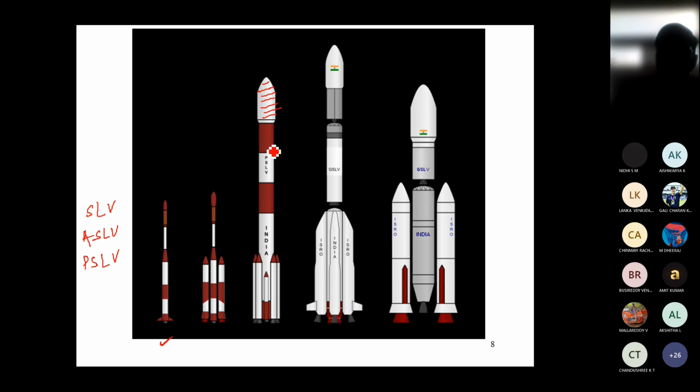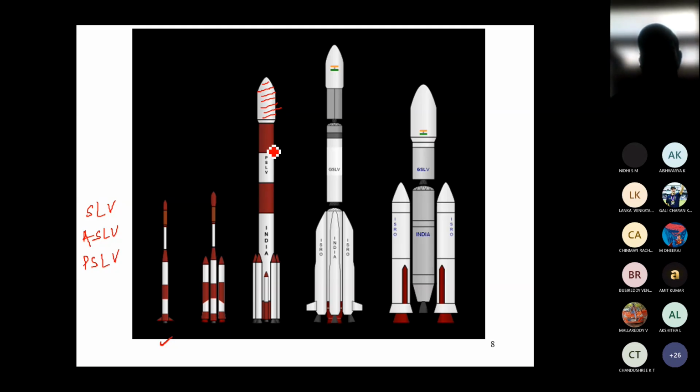Okay, so when the satellite is moving from one stage to another, stage by stage, some parts of the satellite complete their functionality. Some part has the functionality from this stage to this stage. Some other part has the functionality from this stage to this stage.